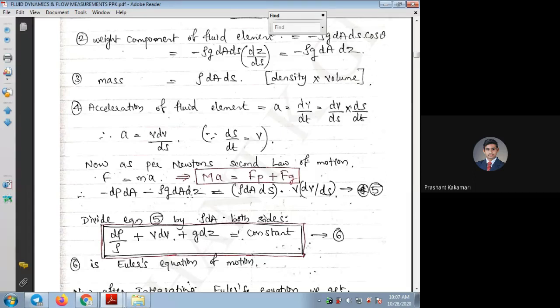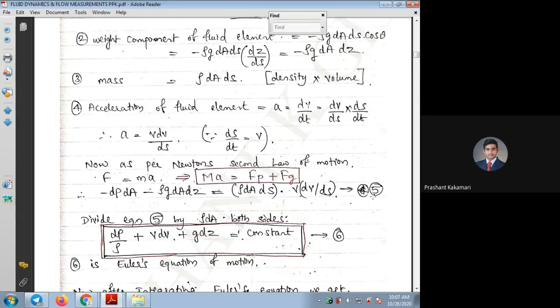Next, on the other side, rho dA ds, and if I divide by rho dA, I get ds. So this ds into v into dv by ds can be cancelled. After cancelling ds, we are left with v into dv, and here we are left with nothing because rho dA is cancelled and ds is also cancelled. So to cancel this term, we have divided the fifth equation by rho into dA.